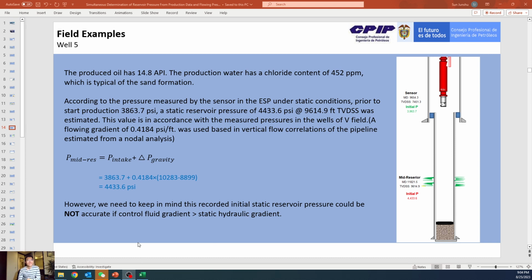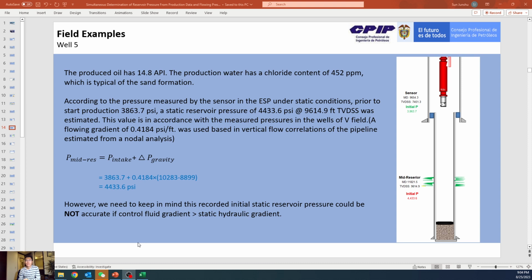However, we need to keep in mind that this recorded initial static reservoir pressure could be not accurate if control fluid gradient exceeds the static hydraulic gradient. This is a common case, especially in the first well.